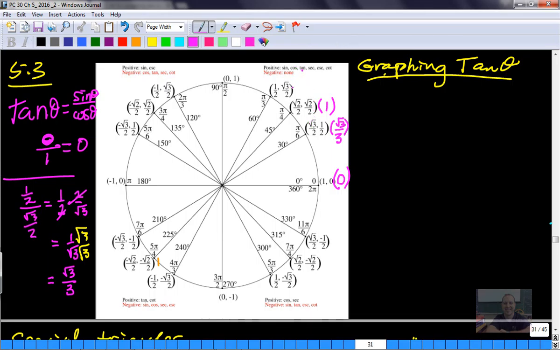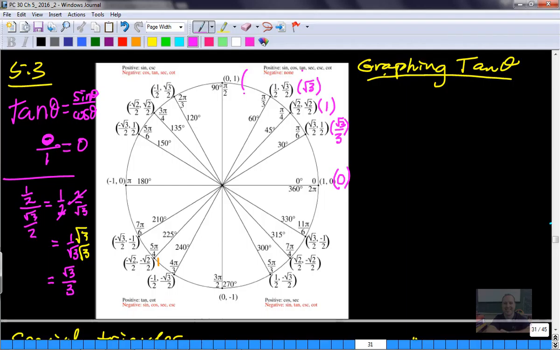You can see that. Okay, so what's root 3 over 2 divided by 1 over 2? That's going to be just plain old root 3. Good. And then at 90 degrees, we have 1 divided by 0. What did we say about dividing by 0? Evil, right? Terrible, bad, no good. Your calculator will say error.